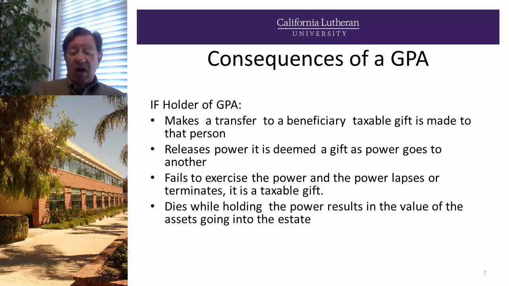Failure to exercise the power and the power lapses or terminates is a taxable gift, or if one dies when holding the power, the value of the assets goes directly into the estate. In other words, it is bad tax-wise if you hold a general power of appointment without having the ascertainable standard, the 5x5 power, or an adverse party rule like we talked about, or the grantor control.